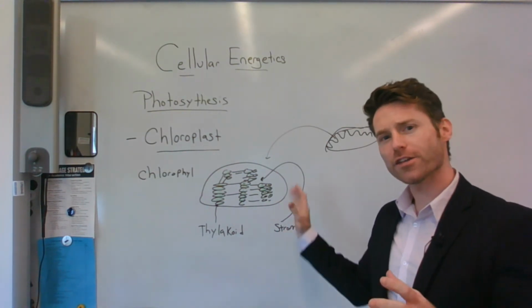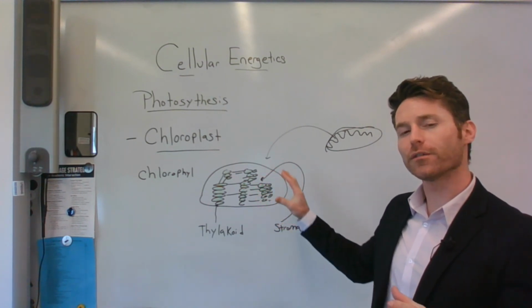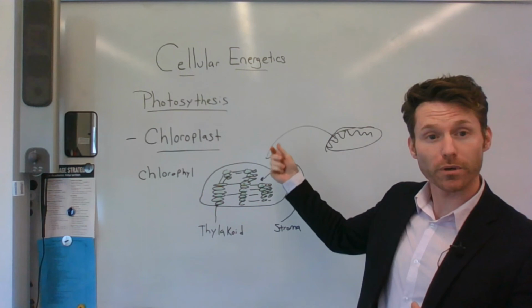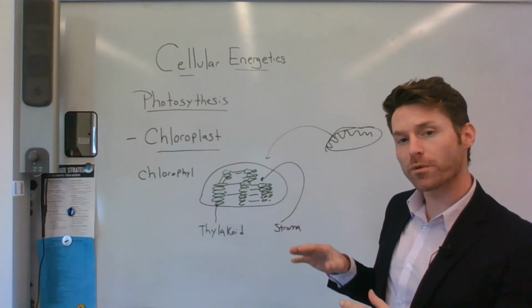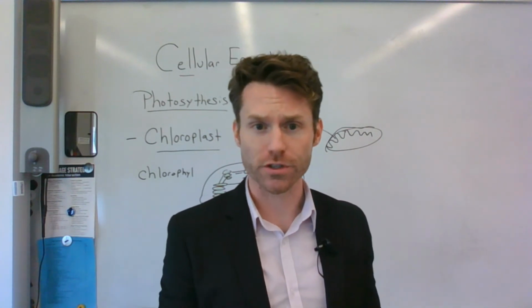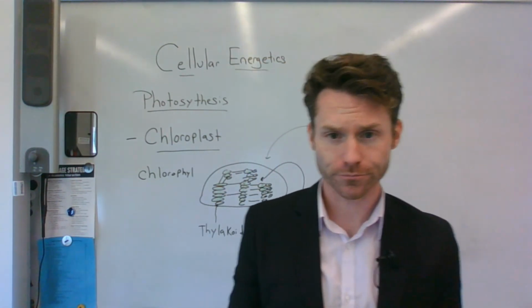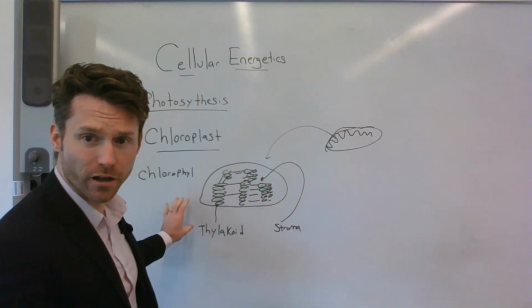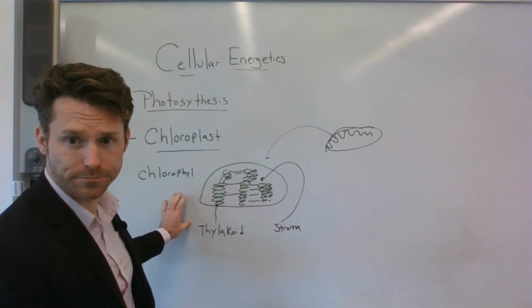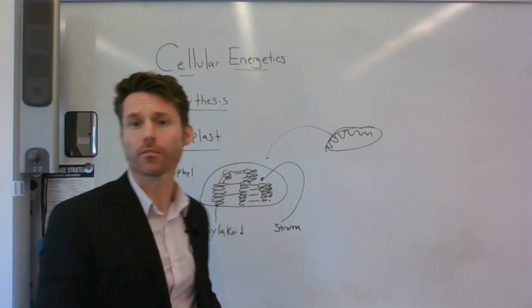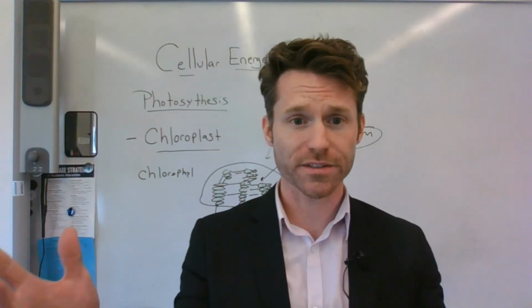I imagine this like a little city of skyscrapers, where the thylakoids make up the buildings and the stroma is the streets in between the buildings and all the air above those streets. So this is the anatomy of the organelle that we are working within. The important parts: the thylakoid and the stroma. Okay. Chloroplast.